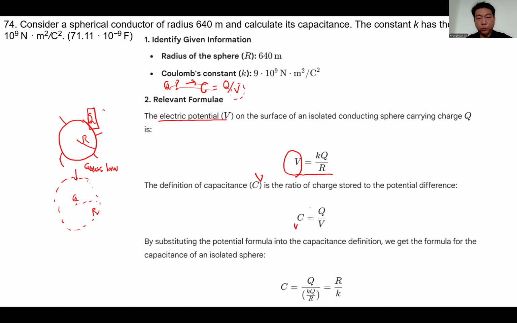Then C is given by Q over V, so you see that Q will be canceled out, and then it is this number. Please look at how the logic evolved: you assume the charge Q, calculate the potential for that charge Q, and then use the capacitance definition. Note that this is the definition, and from the definition, you can find the capacitance.